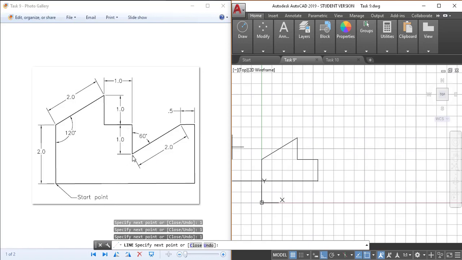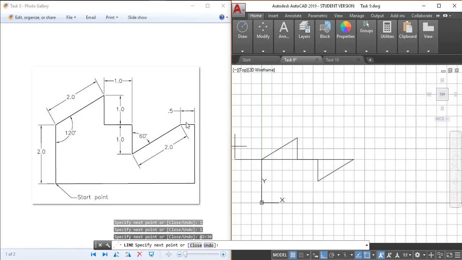It means that this line is making a 30-degree angle with the positive x-axis, which is over here, because the coordinate system is over here. So we will mention the length of the line, which is 2, followed by 30, which is the angle.